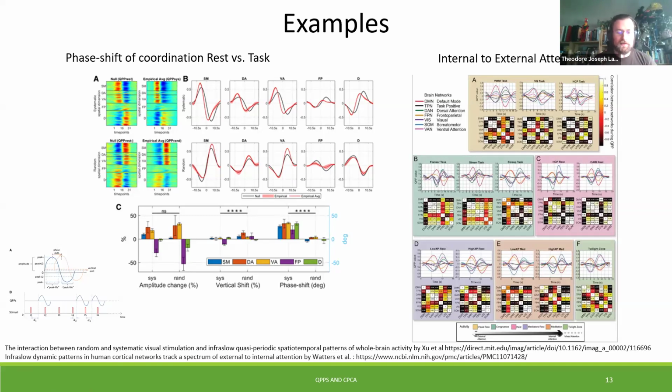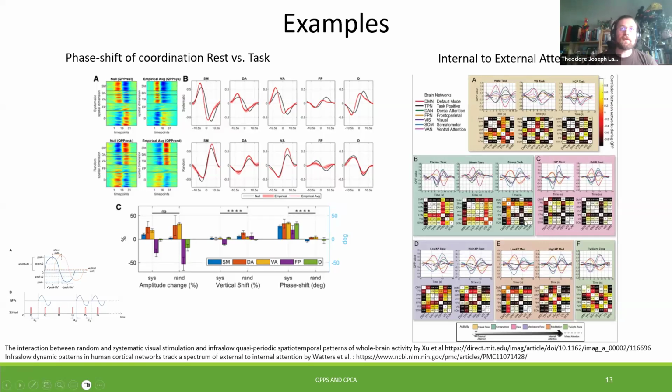What they found is that there are stark differences between tasks, and you can measure that with the phase shift of the QPP between rest and task. This gives us a new metric to look at as we compare the way that the subjects were actually being tested.